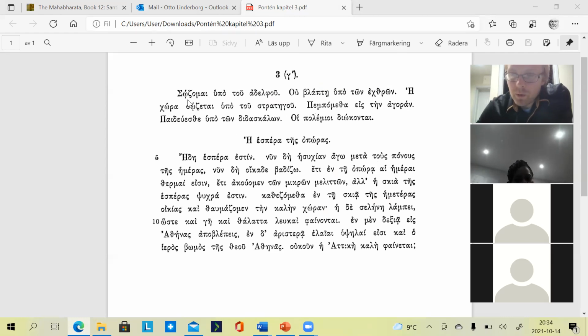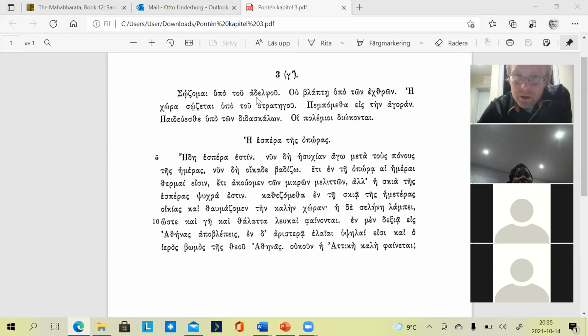So this was what we learned last lecture, that the passive forms in the present indicative are identical with the middle voice forms. So sotsmai here, if it would be a middle voice, it could mean also I save. But here it's passive, first person singular passive. So then it means I am saved. How can we know that it's passive? Well, we have this agent construction here. Hypo tu adelpho, hypo and the genitive.